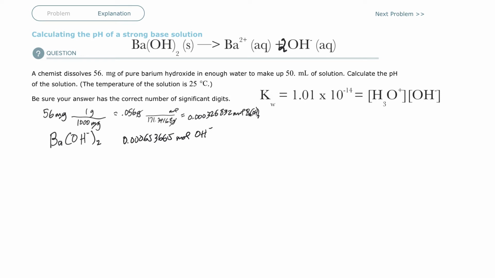So there's your moles. What's molarity? Molarity, remember, is equal to moles over liters of solution. So I have this many moles. How many liters do I have? Well, it says that I need it to make 50 milliliters. So 50 milliliters, divide by 3 places, and you're going to end up with 0.0006536665 moles over 0.050 liters.